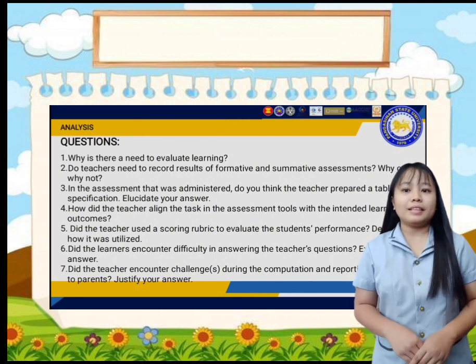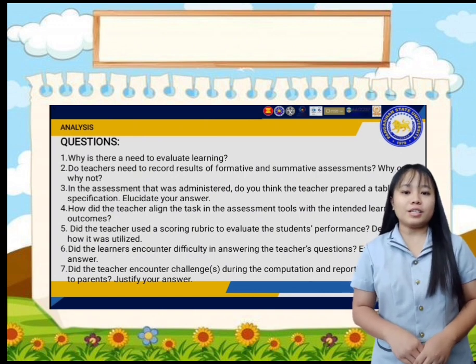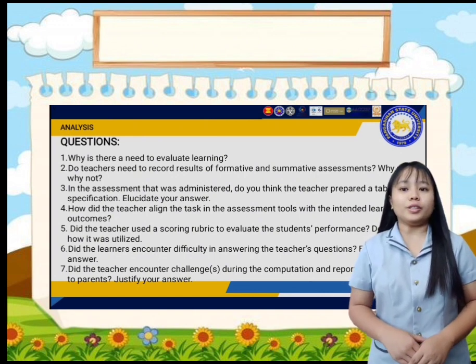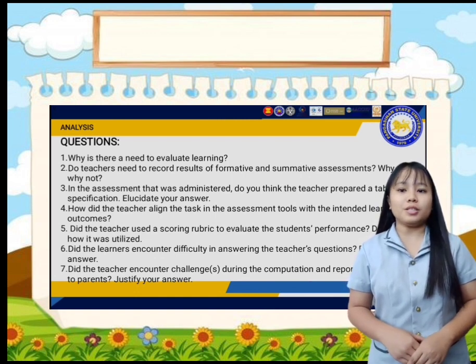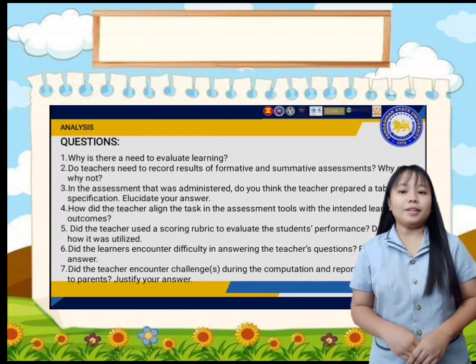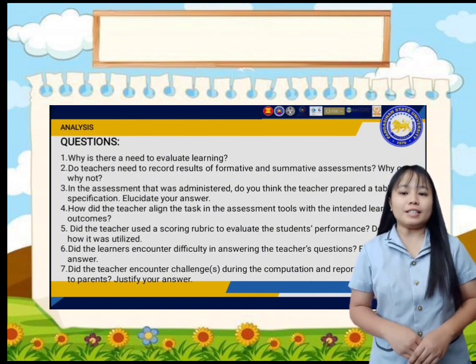Number 7, did the teacher encounter challenges during the computation and reporting of grade to parents? Justify your answer. According to the teachers we interviewed, they did not encounter challenges during the computation and reporting of grade to the parents because according to them, they are very transparent when it comes to the output of their learners.